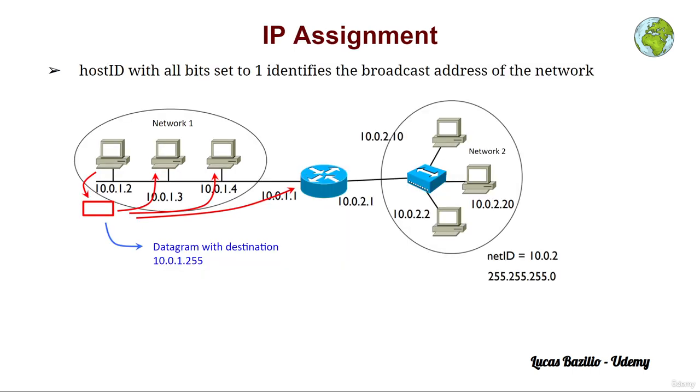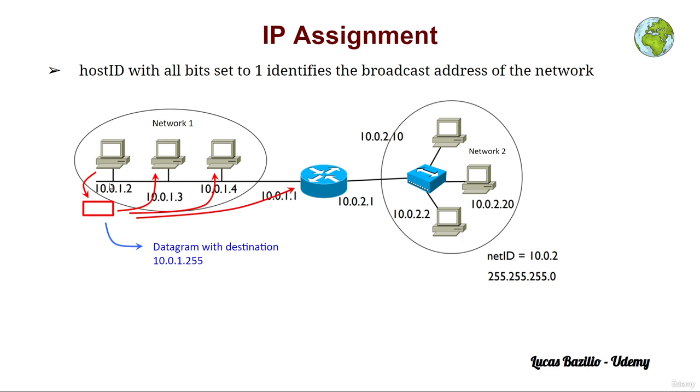So if we send a datagram with the broadcast address as destination, imagine that we send it from this host, it is going to arrive at all of the destinations of this same network, so all of the interfaces connected to network 1. We are going to send to this PC here, to this one, and finally also to the interface of this router.